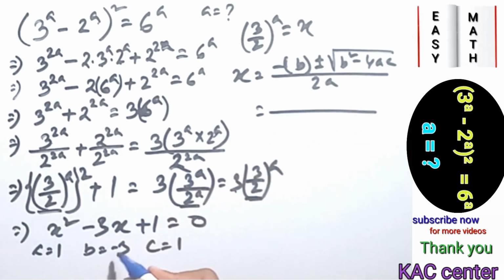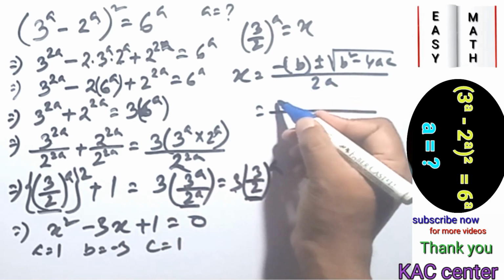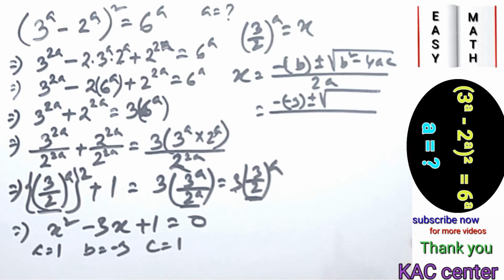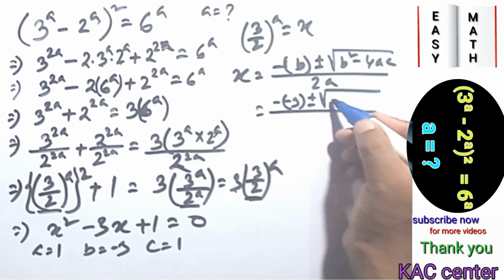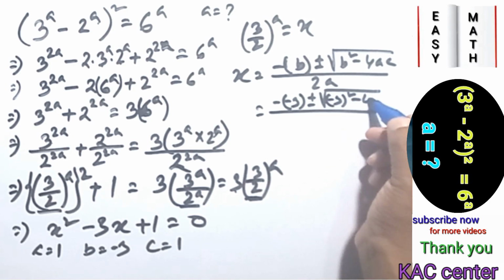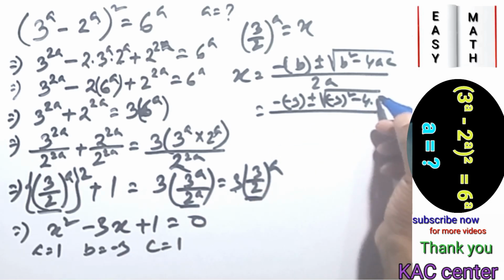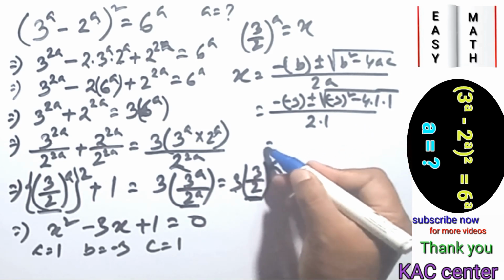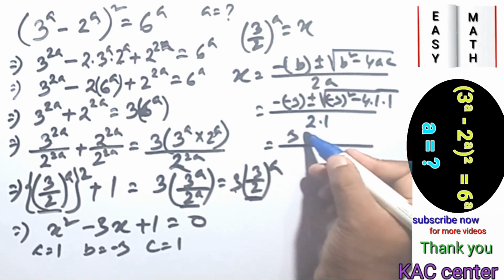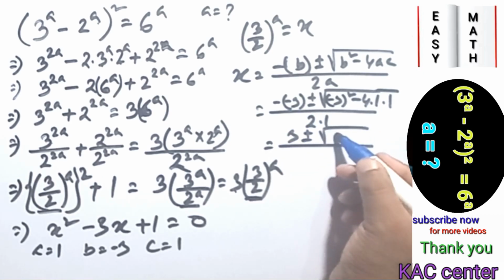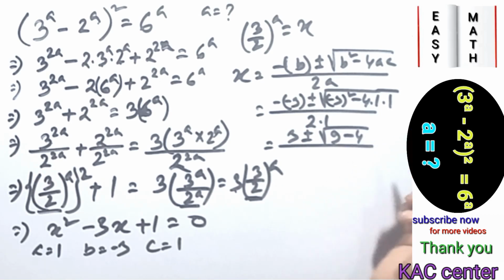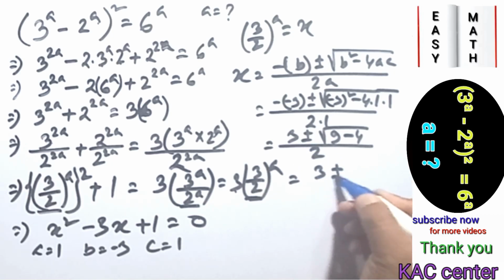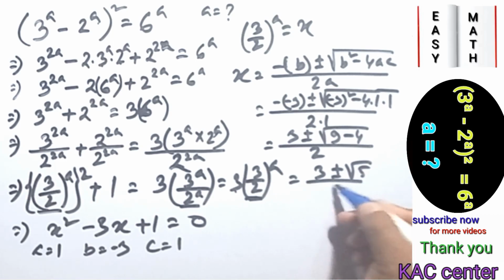Now here b is -3, so this is 3 plus or minus square root of the -3 square, minus 4 into 1 into 1. So there is 3 plus or minus square root of 9 minus 4, which is 5, by 2.